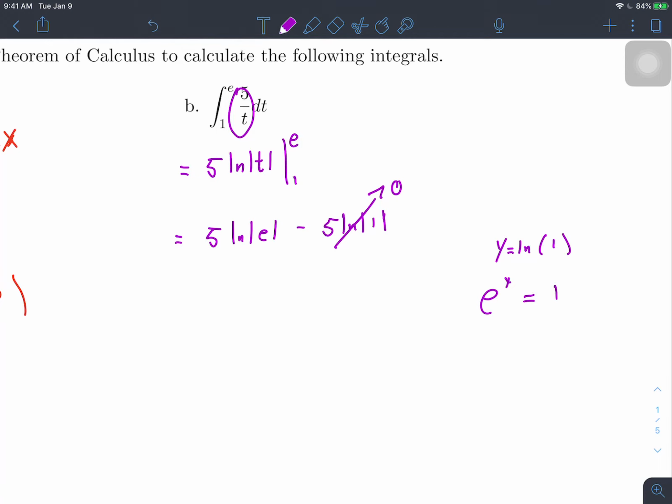That's a fact that you can either memorize or, probably more preferably, learn how to do this flip-flop between the exponential equation and the logarithmic equation. Okay, how about ln of e? If I have y equals ln of e, what's the corresponding exponential equation?